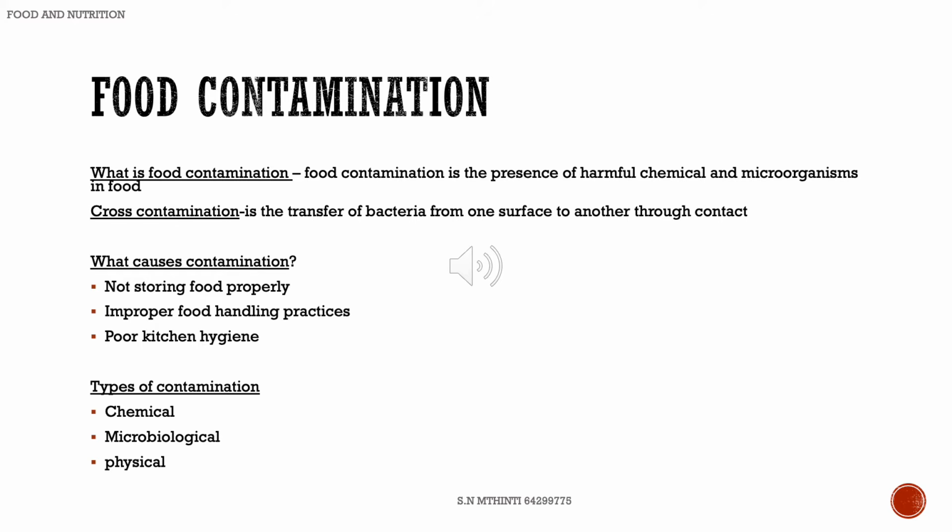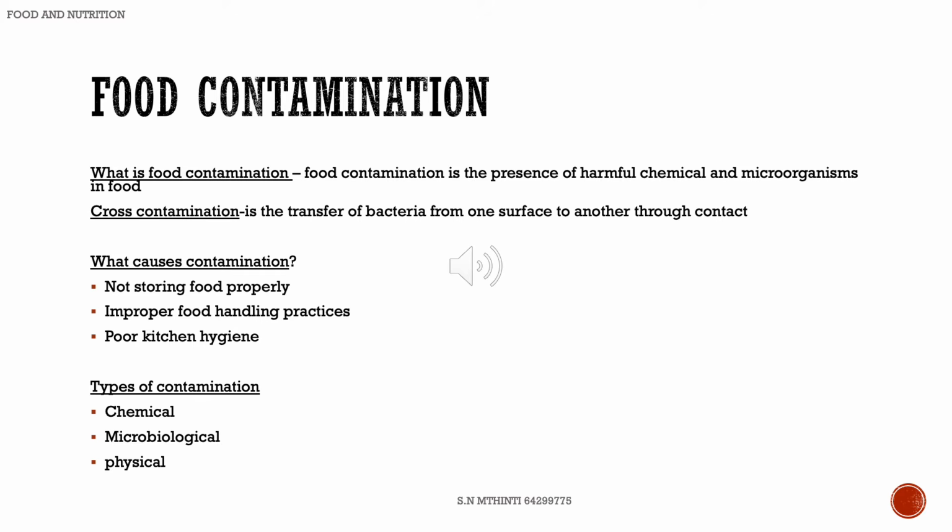What causes contamination? Contamination is caused by improper food storage. For example, when you store uncooked raw chicken next to cooked chicken or any cooked food item. Improper handling of food.